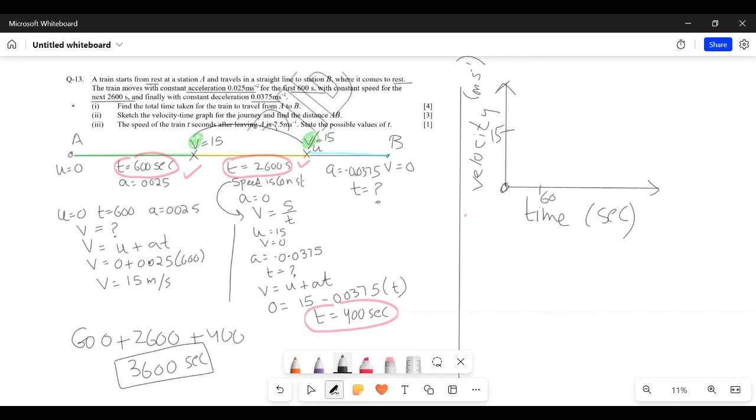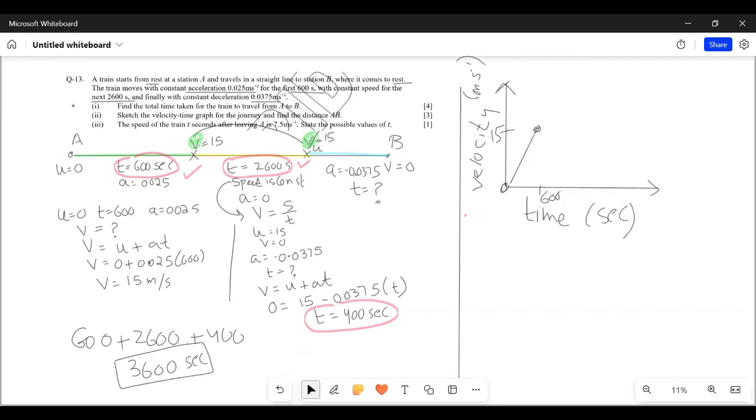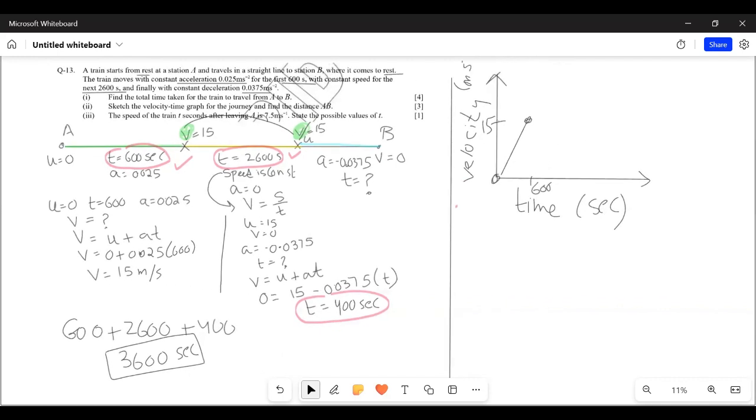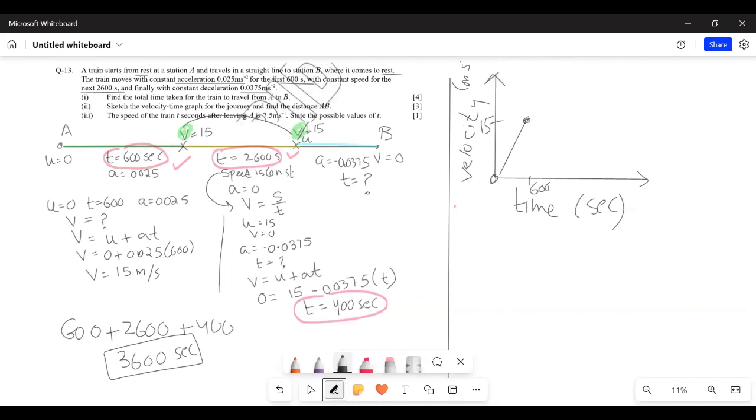600 is, let's say, over here. So you draw a straight line from 0, 0 to 600, 15. Then the speed stays constant for the next 2600 seconds. So 2600 plus 600 is 3200. So you make a straight line till 3200 seconds. Okay.